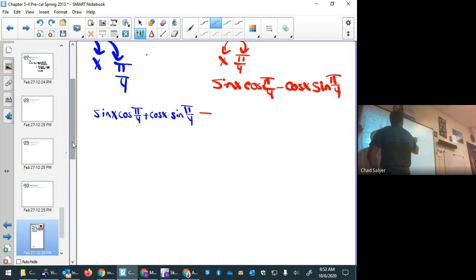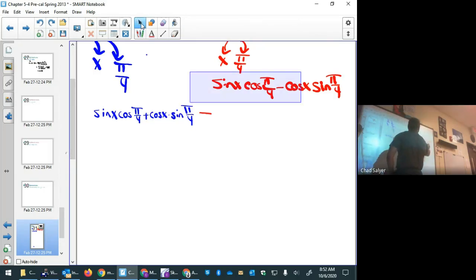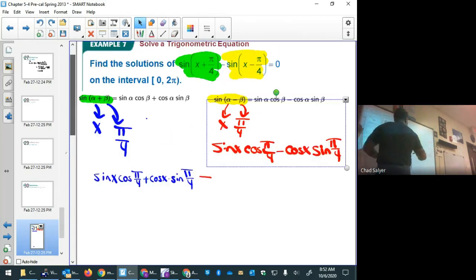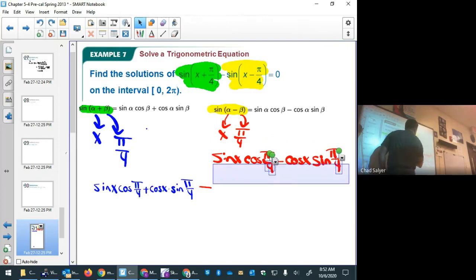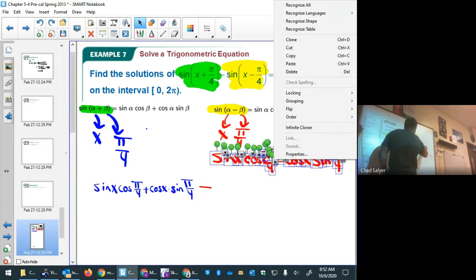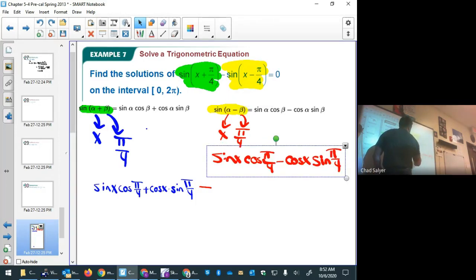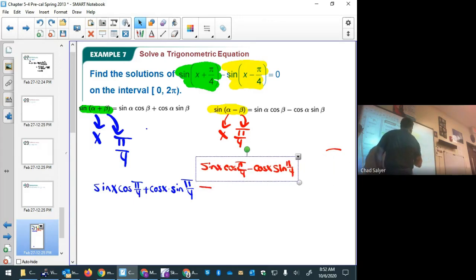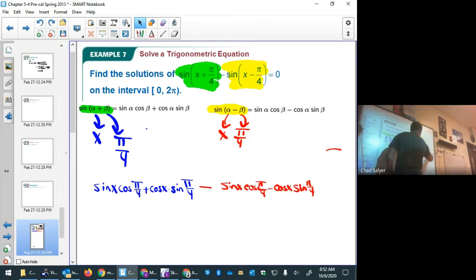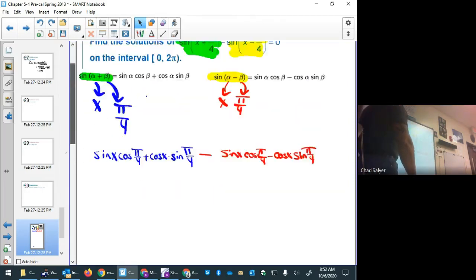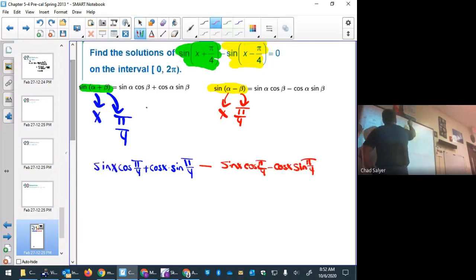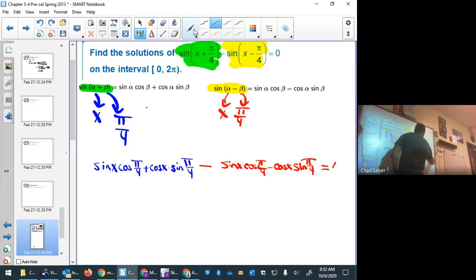And we're going to be subtracting that again. That's going to be equal to 0 is what we want to solve.